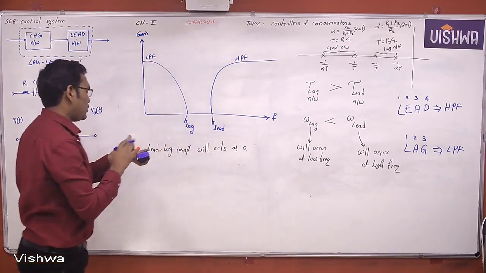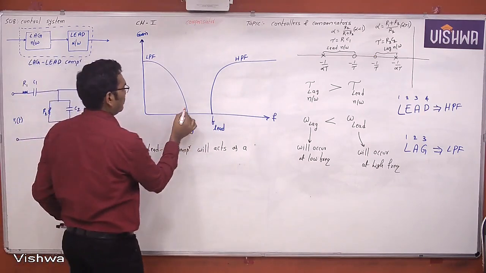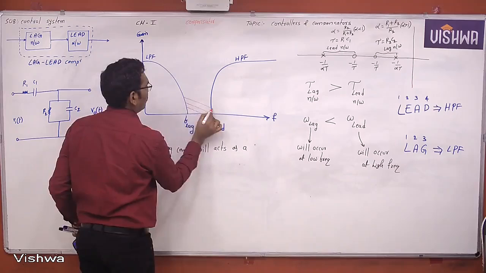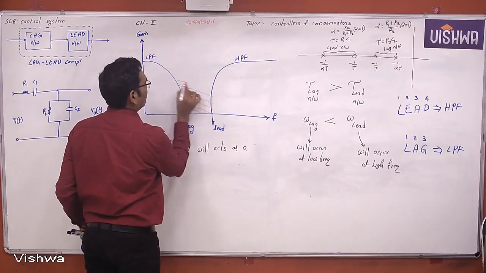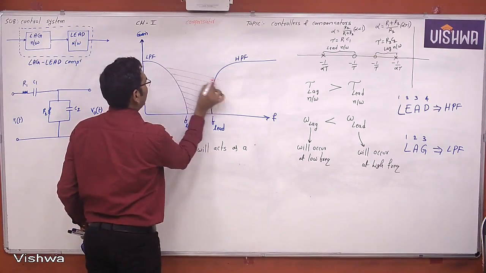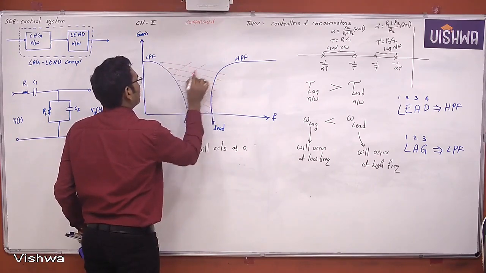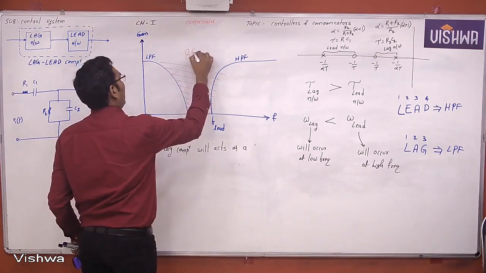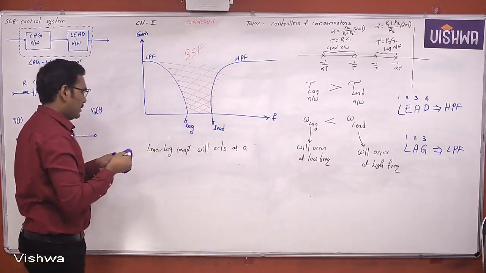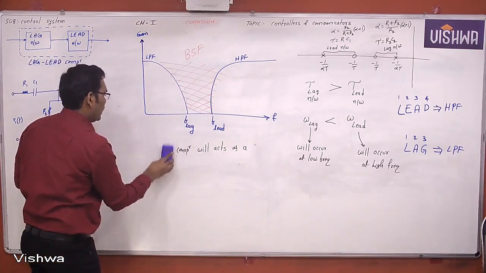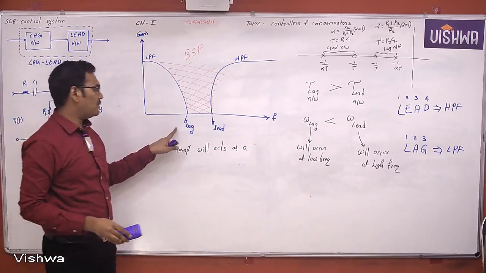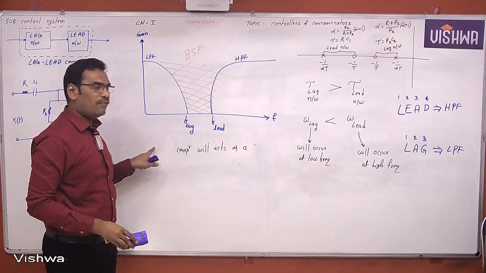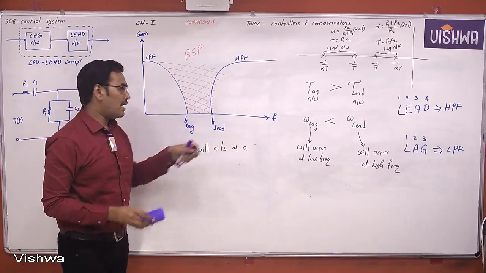Now the combination of lag lead compensator will act as a band stop filter. Therefore, here also you can observe the lag will occur at low frequencies, lead will occur at high frequencies.